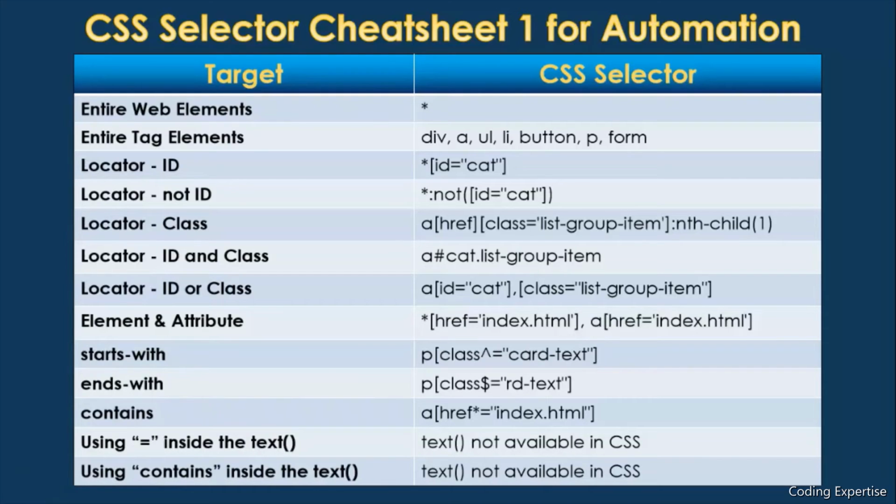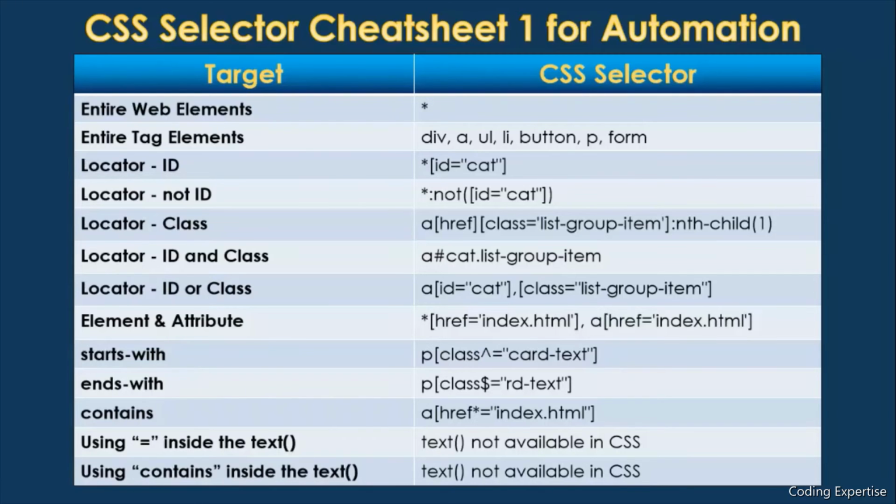The main difference you need to see in terms of CSS selector is that the text function is not available in CSS selector. Whereas in XPath you can use the text function. So this is the main advantage of XPath over CSS selector. Just try to remember this point alone. This will be asked in interviews as well.